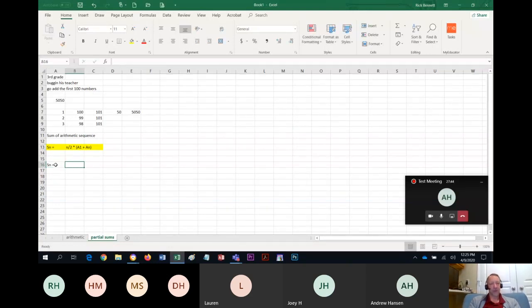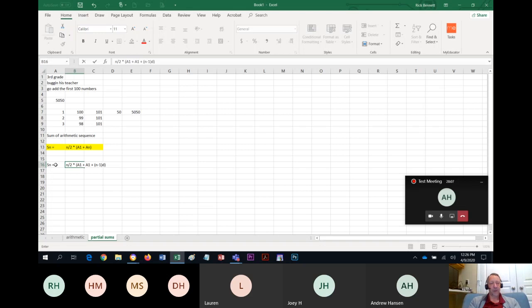I'm going to just show you this really quickly. You're still going to have your n over 2. You're going to multiply that by a sub 1 plus, and now we're going to do a sub 1 plus n minus 1 times your difference d.